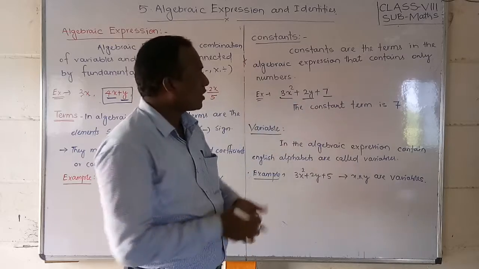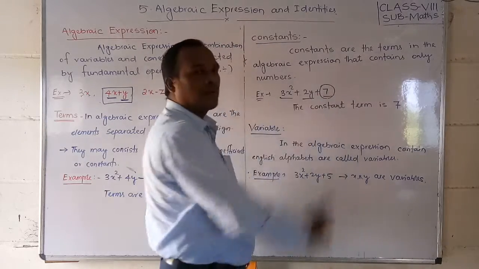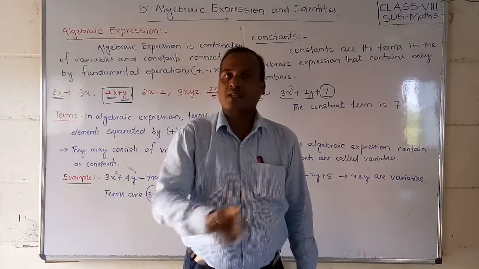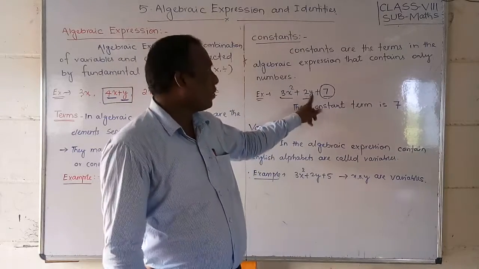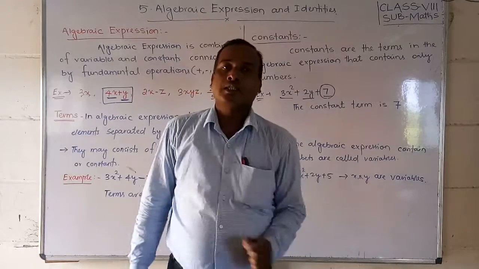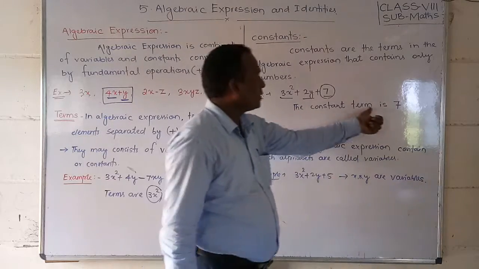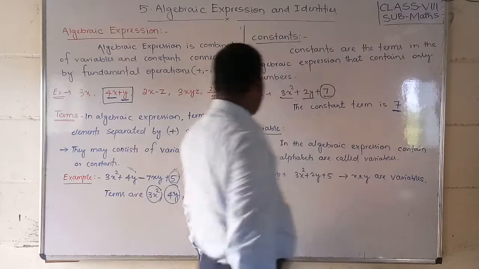Which one is the constant term? This is called the constant term because it is only a number. The term that contains only a number, not a variable, is called a constant. Okay, the constant term is 7. Here the answer I have written: constant term is 7.